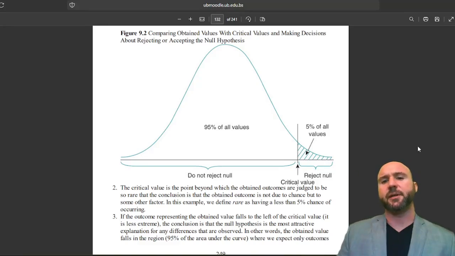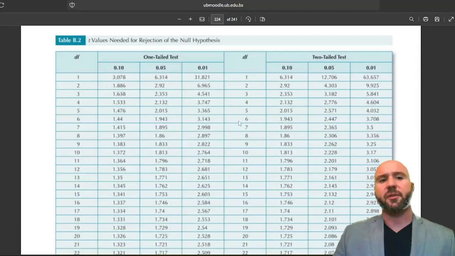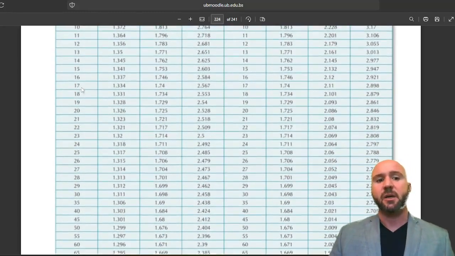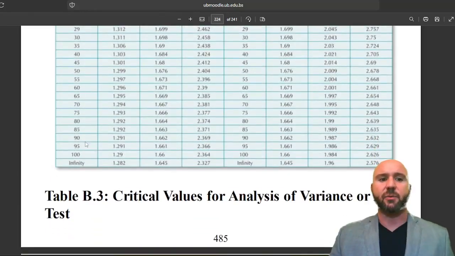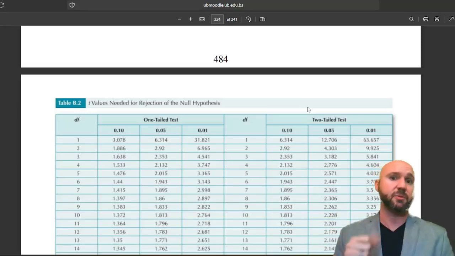But what we're doing is trying to obtain a value that is larger than the critical value. So when we go to this table and identify the degrees of freedom, which are directly related to the sample size or the number of data points that we use in the calculation, let's say that we have 100 data points. We have a two-tailed test. That means we are using a non-directional research hypothesis. It could go this way, it could go that way.